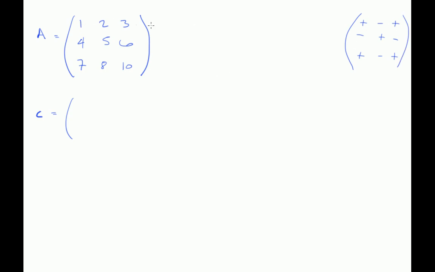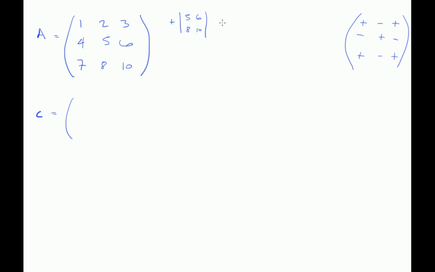So we've got a plus, and then we take the determinant of the minor, which for this one is, we eliminate this row and this column, and we're left with det 5, 6, 8, 10, and that is the cofactor which ends up in here.